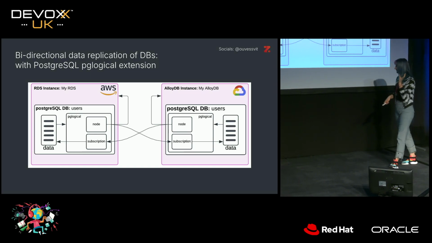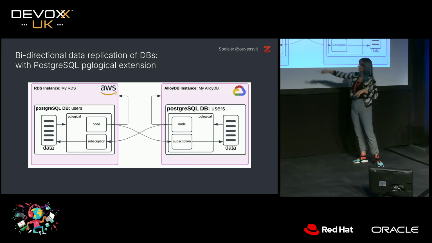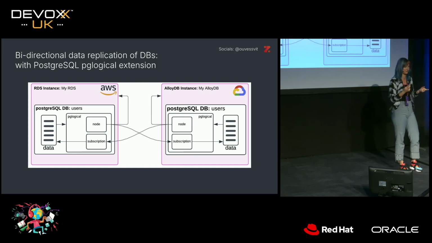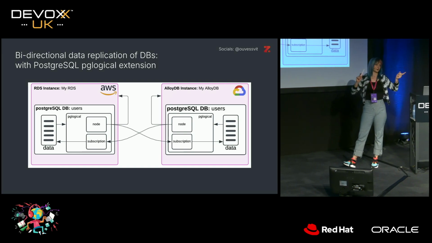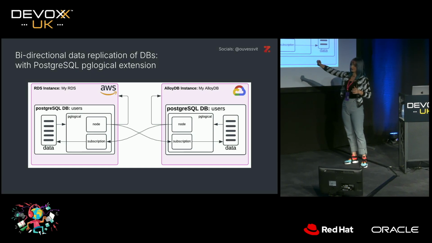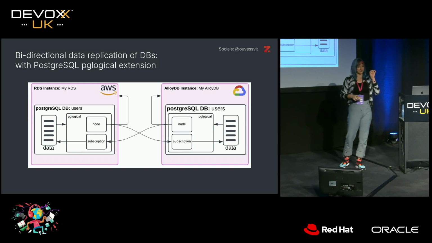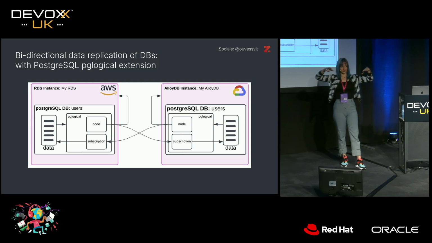The node represents the other side, the subscription represents the copying of the data. This is a bit painful. You'll have to do this for every single database that you have. But then it works. And this is real time. So as soon as the data lands in one database, it's copied over to the other database. You need to provision enough space and capacity in each database to handle the load of replication.